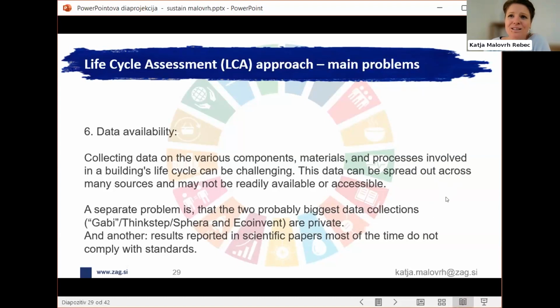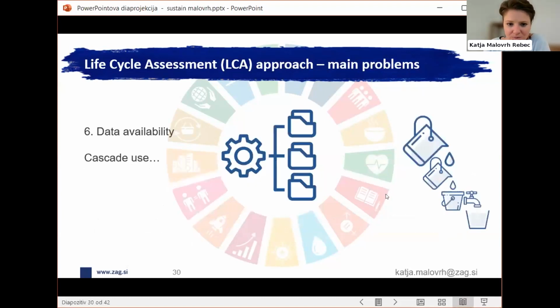The scientific papers, on the other hand, are open, at least some of them. And there the results are usually not reported in a standardized manner. So this issue can be quite challenging for getting good results in the end.